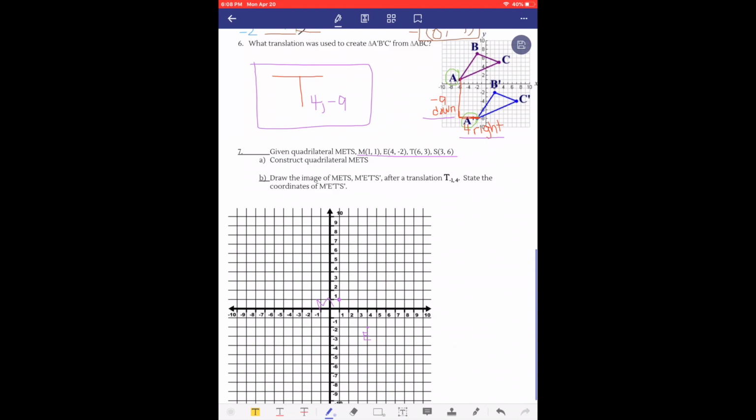T was 6, 3. And then S was 3, 6. Now I'm going to just connect those points.